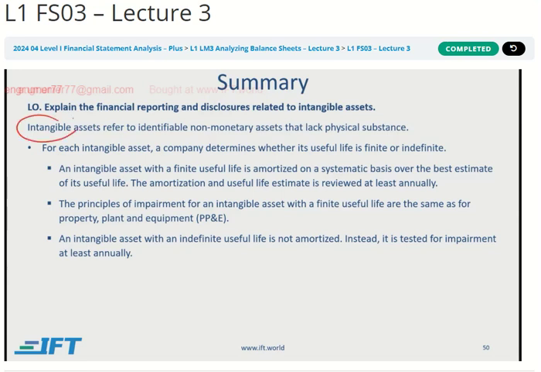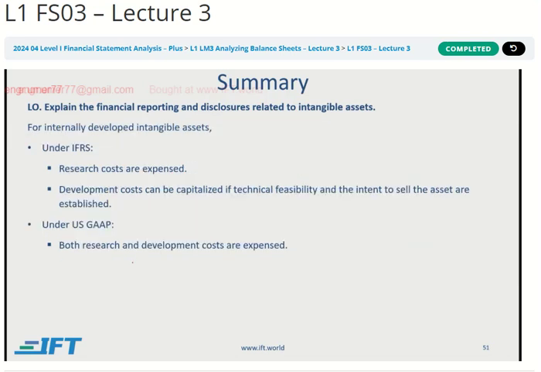We talked about intangible assets, both finite and infinite ones. Finite ones have to be measured with amortization, and infinite ones are checked for impairment. Internally generated ones you cannot record, but if you buy one, you can show it, but then it has to be either amortized or tested for impairment annually. For internally generated ones, there could be an exception for the development part under IFRS if the technical feasibility is established and you have an intention to sell that asset.